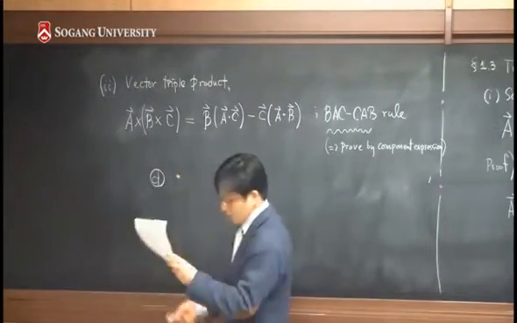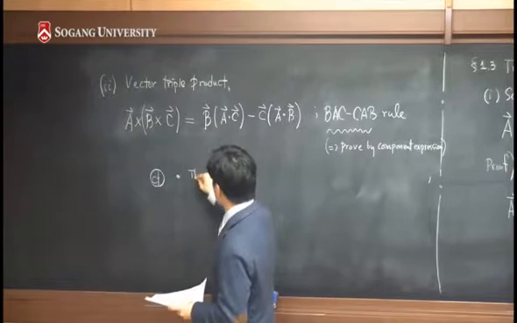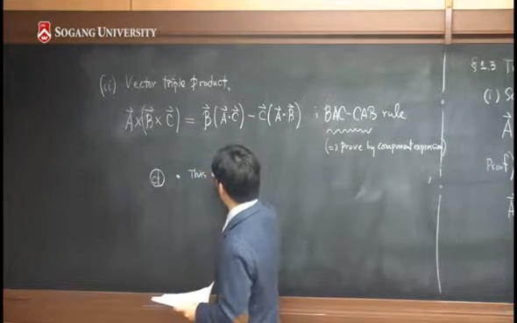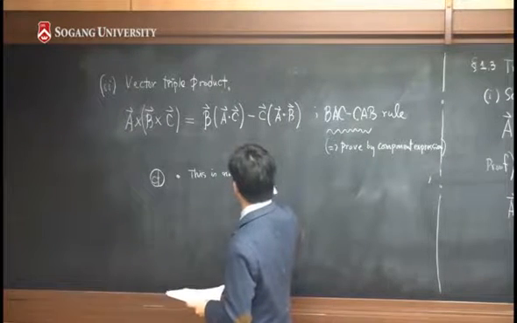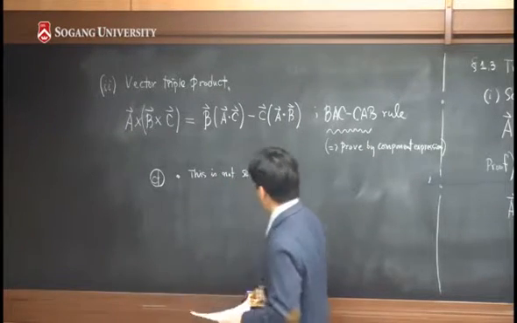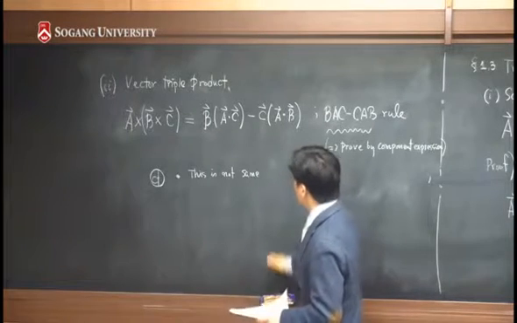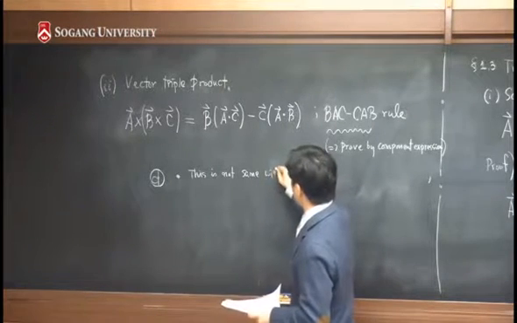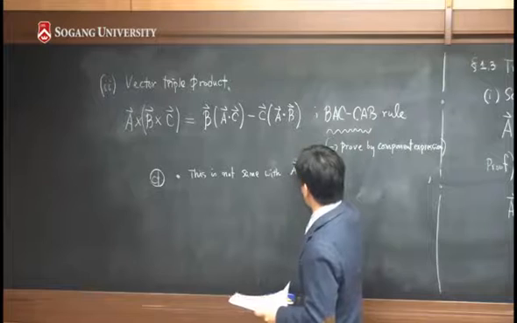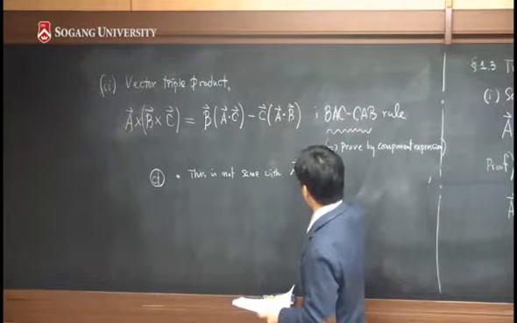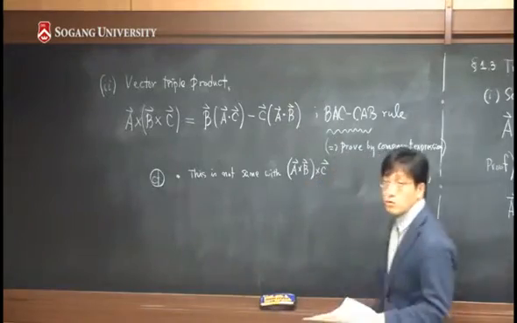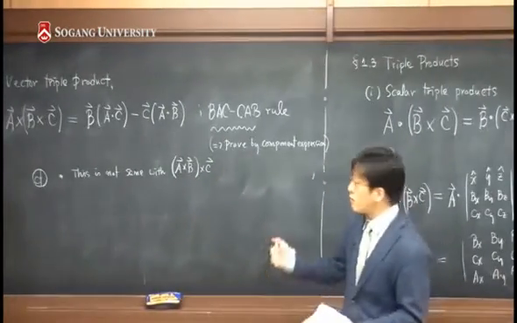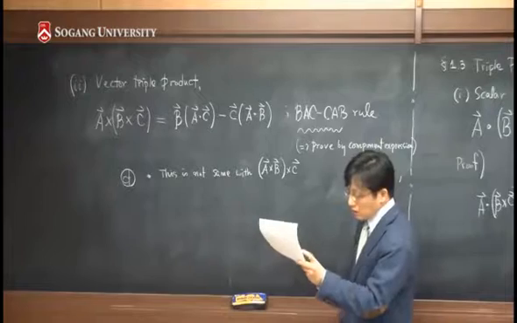That this is not the same as the case where you take A cross product of B first and then take a cross product with C. Okay, which we already saw in the previous class.